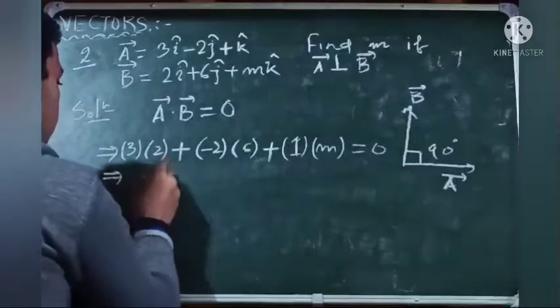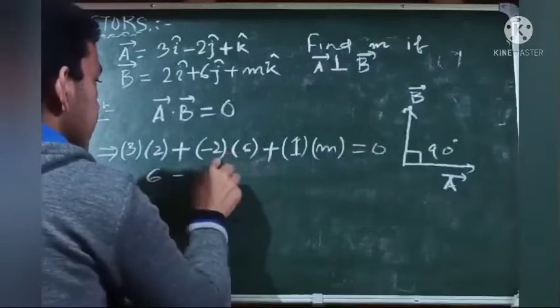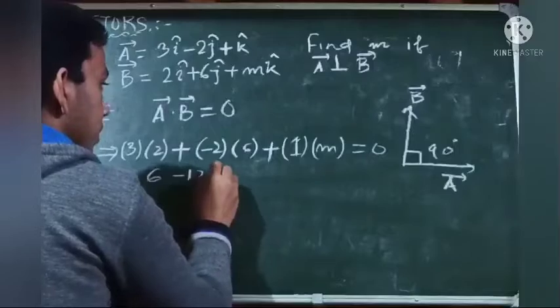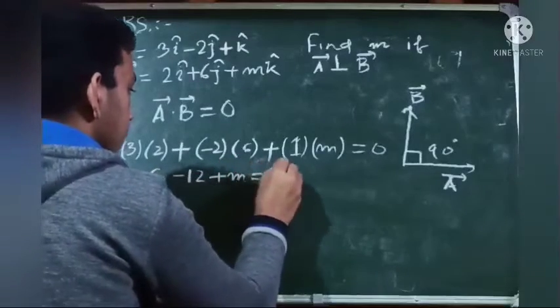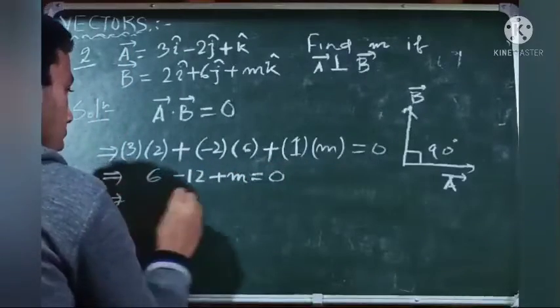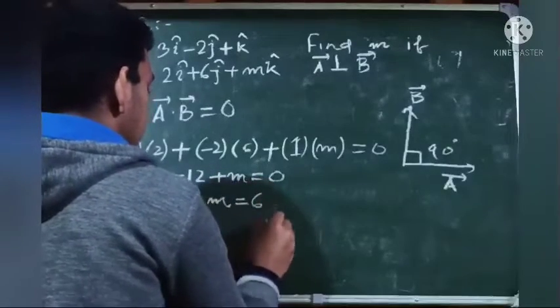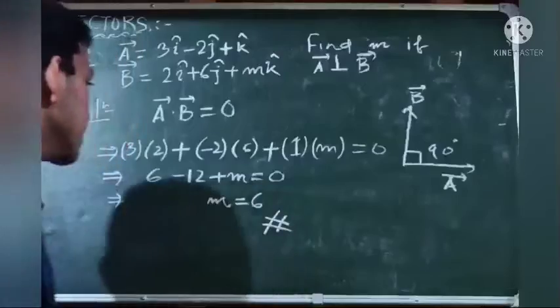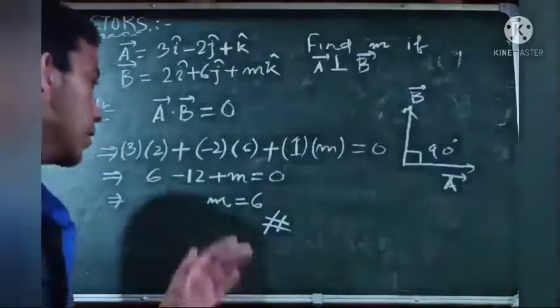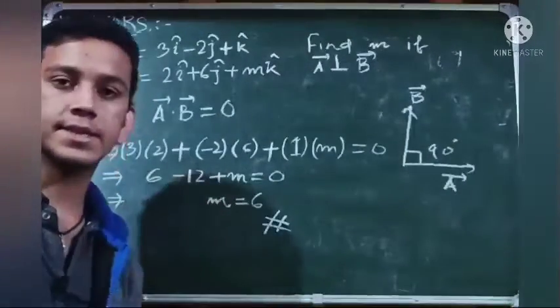So we are getting 3 multiplied by 2 is 6, minus 2 multiplied by 6 is 12, plus m is equal to 0, or m is equal to 6. This is the answer of this question. Therefore the value of m is 6.